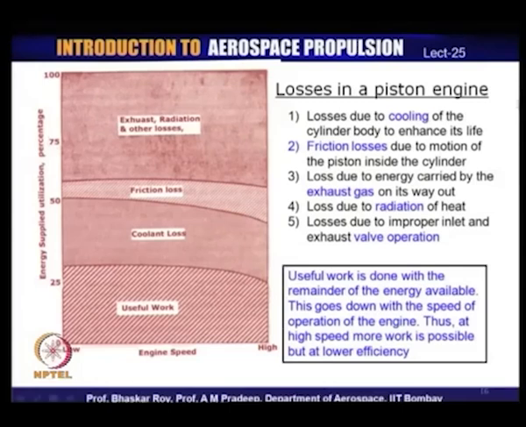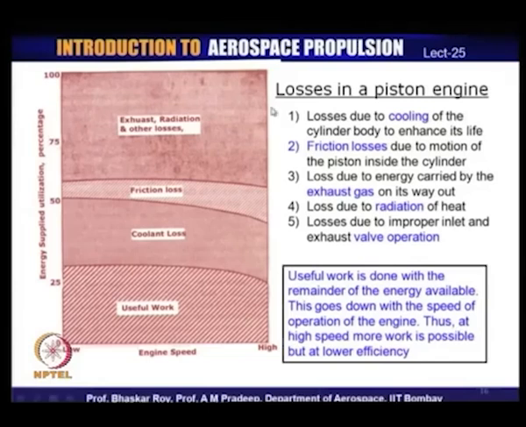As a result, a goodly amount of heat is actually lost through the cylinder body through the process of cooling. This cooling is absolutely essential for the life of the engine, but it affects the continuous operation of the engine in terms of its actual power supply efficiency.